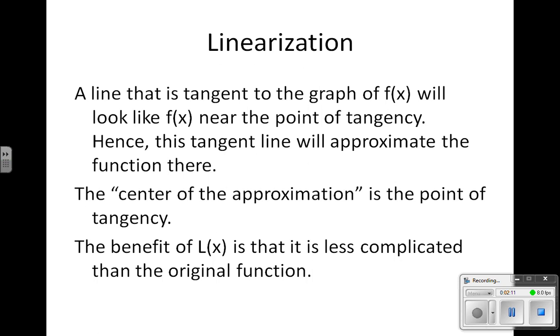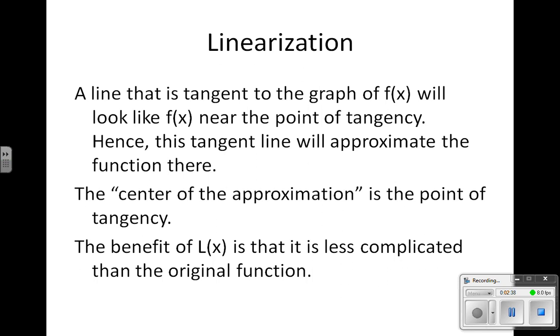For example, if my goal is to figure out the y-coordinate of my function when x is 3.1, then I can draw a line that's tangent to the graph at 3, and use the equation of the line to approximate the y-coordinate at 3.1, rather than using the function itself to figure out the height.